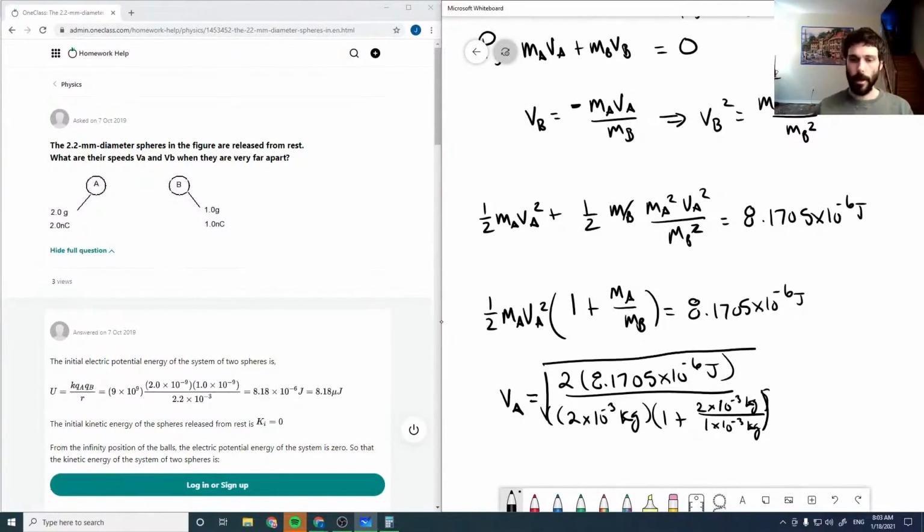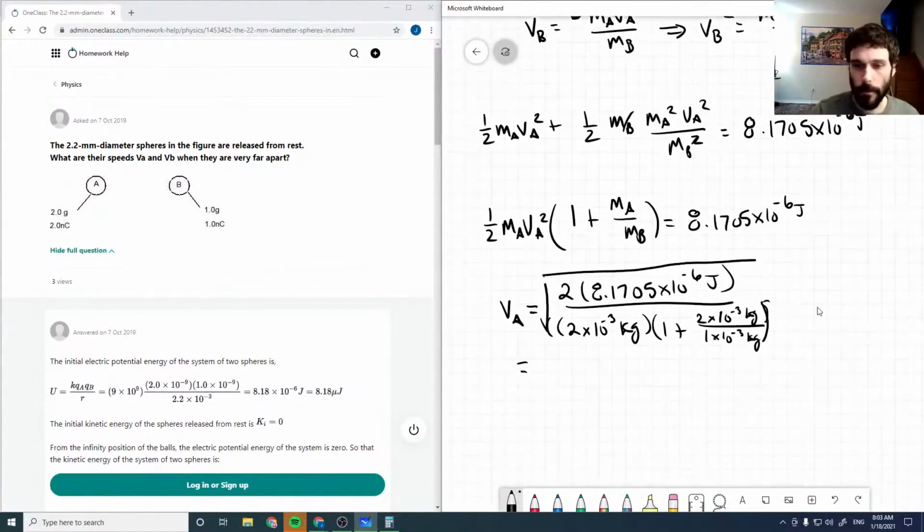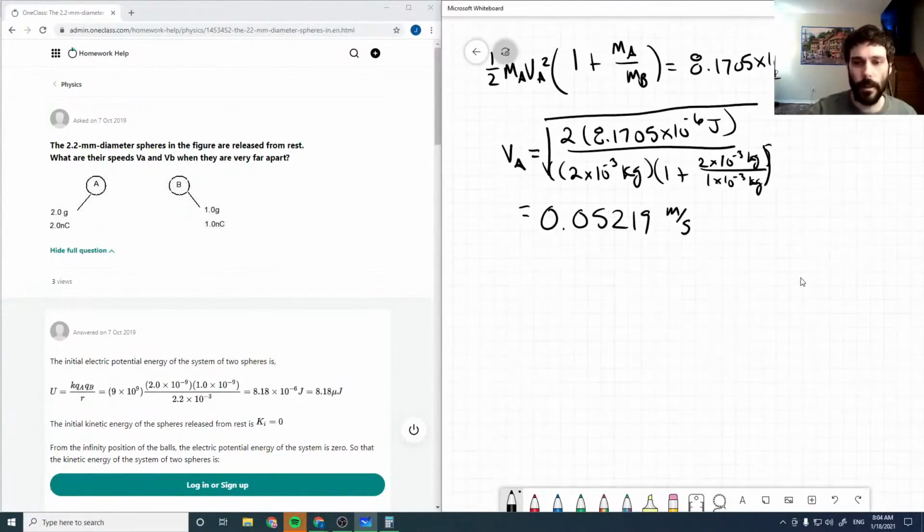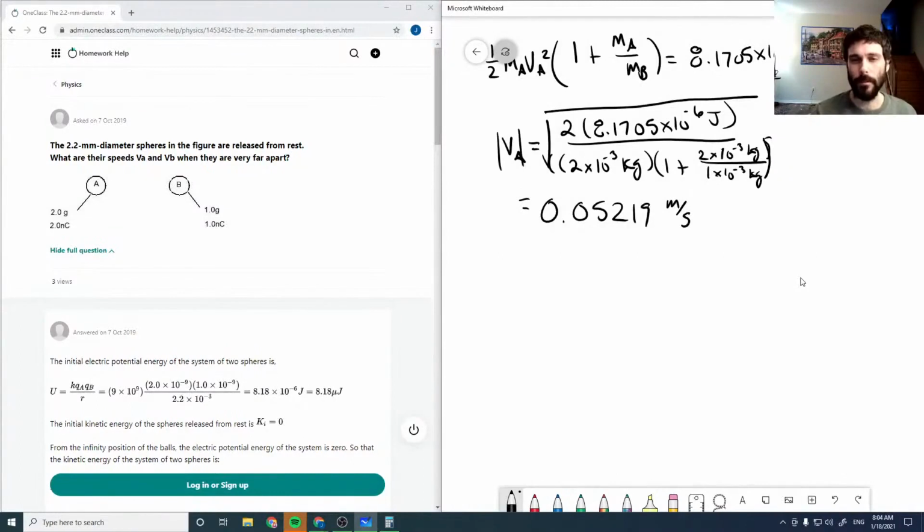And the square root of all that. If we do this on our calculator, we get 0.05219 meters per second. Our vA is obviously going to be to the left, and this is the magnitude of vA, or just our speed. So I'm going to say that vA is minus 0.05219 meters per second, just to match up with the figure.